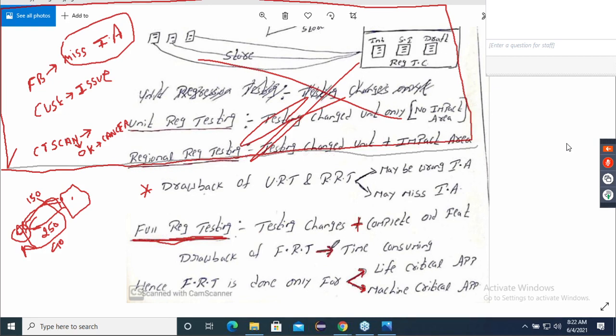Very, very tough because, obviously, I've told you the challenges of regression testing also. A lot of time is required to do full regression testing. Hence they decided we will not do full regression testing for all applications, only for life critical and machine critical.